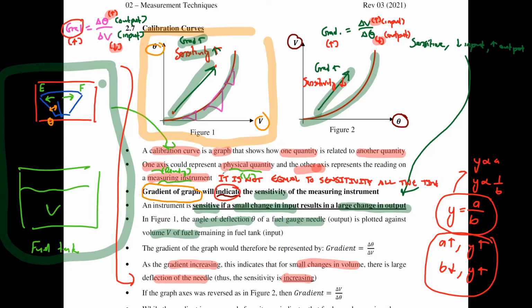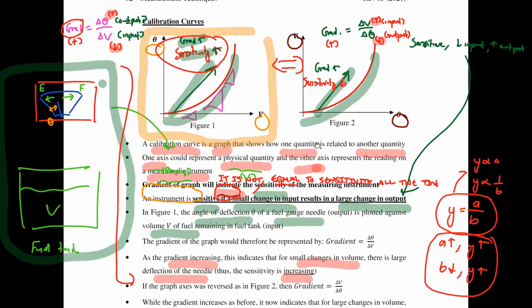If you say that gradient is equal to sensitivity, it means this: gradient increase, sensitivity increase; gradient drop, sensitivity drop. But if you see this case here right now, they are not telling you the same story. Gradient increase, sensitivity drop. Likewise, gradient drop, sensitivity increase. So it's not correct to say that gradient is equal to sensitivity. Instead, it's better to say gradient is a measure of the sensitivity. It indicates to you the sensitivity. You will have to interpret it case by case.